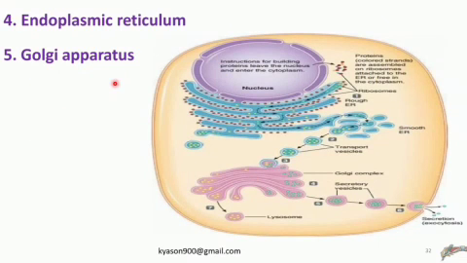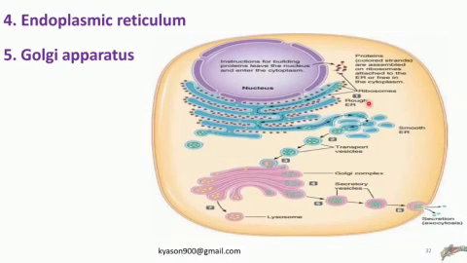Okay, all right. So the endoplasmic reticulum is a very important organelle in your cells. I said it's categorized into two: the rough endoplasmic reticulum and the smooth endoplasmic reticulum.